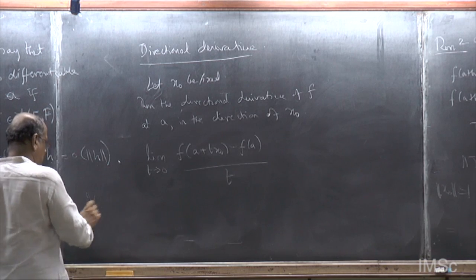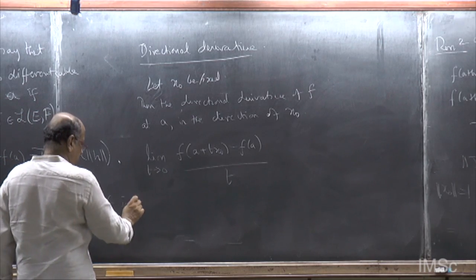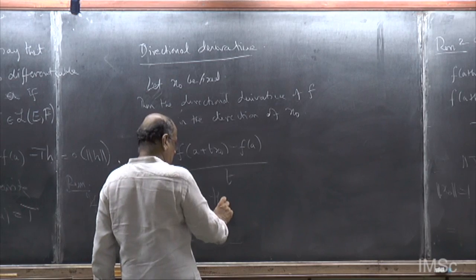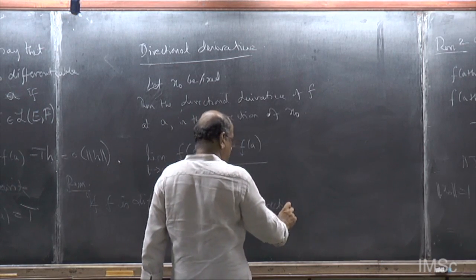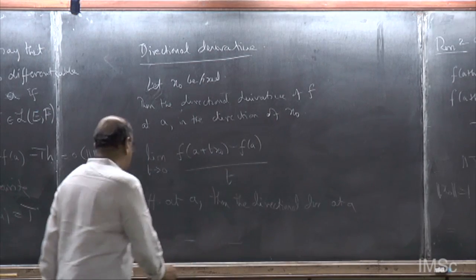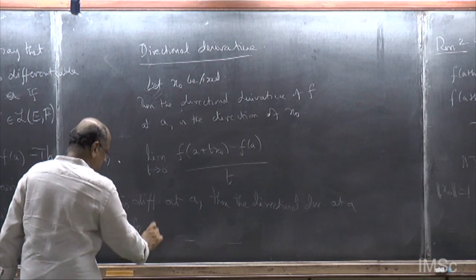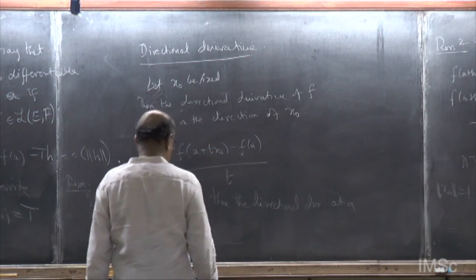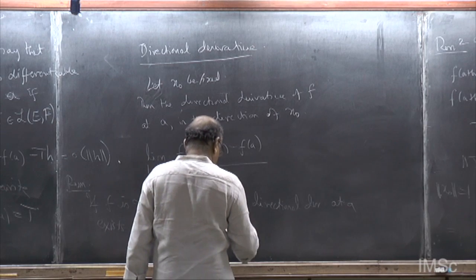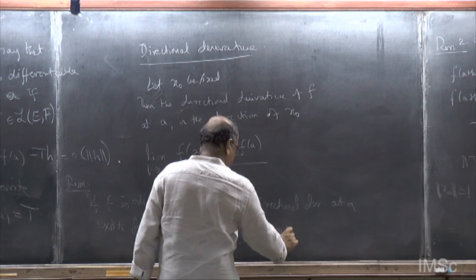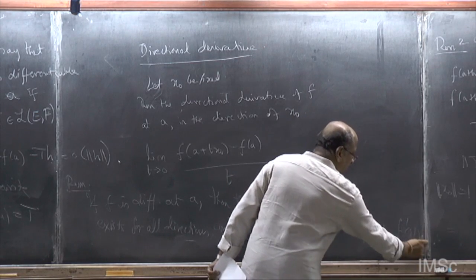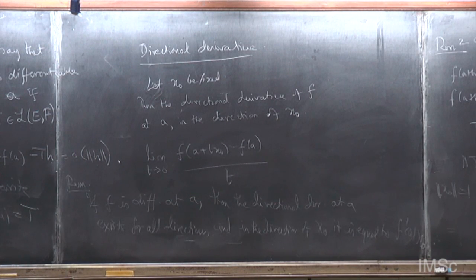So, remark: if f is differentiable at A, then the directional derivative at A exists for all directions, and in the direction of x naught it is equal to f dash A evaluated at x naught. f dash A is a linear transformation. I can evaluate it at x naught.